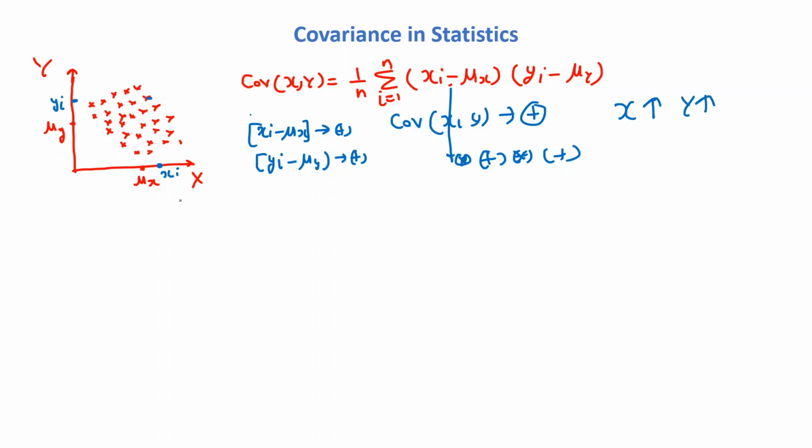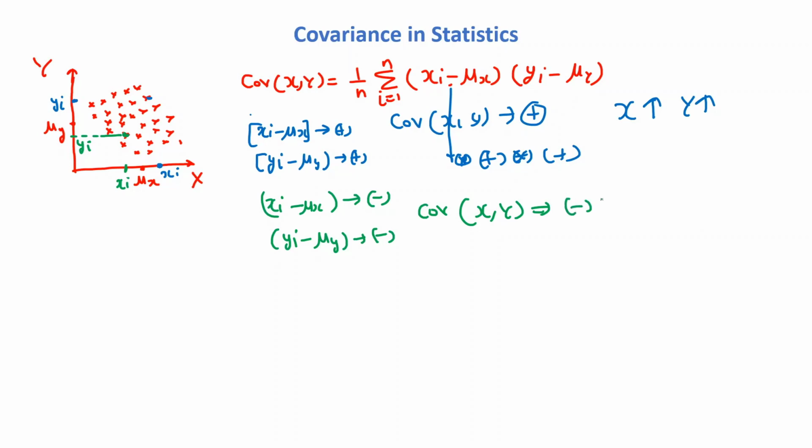Let's discuss another example. If x decreases, xi decreases, then y will also decrease. In that case xi minus mu of x will be negative and yi minus mu of y will also be negative. So covariance of x and y will be negative multiplied by negative, so this will be positive.